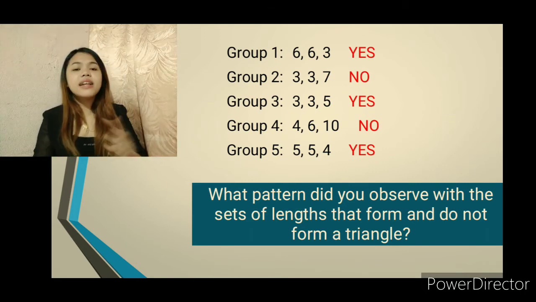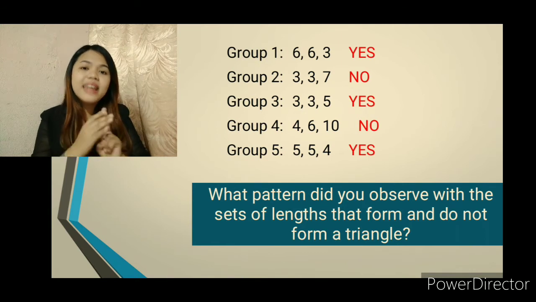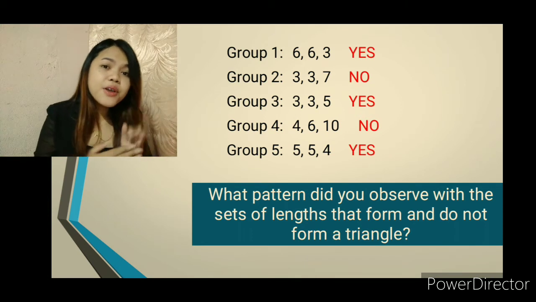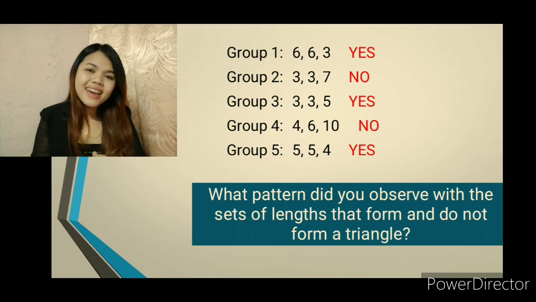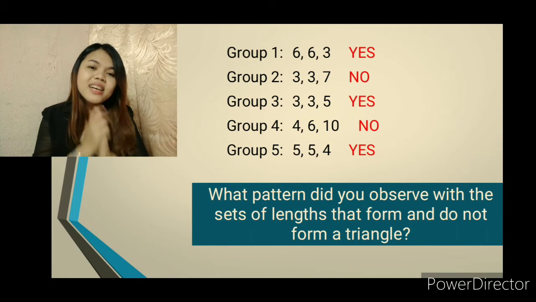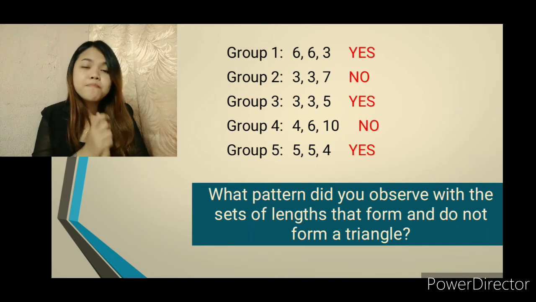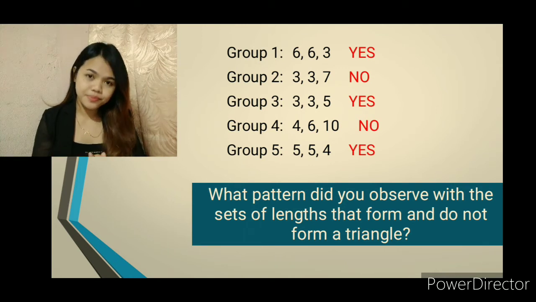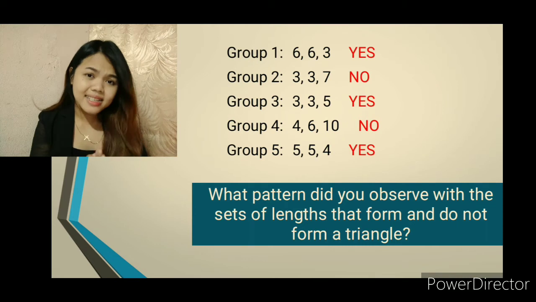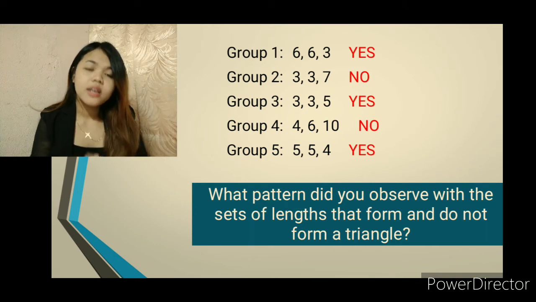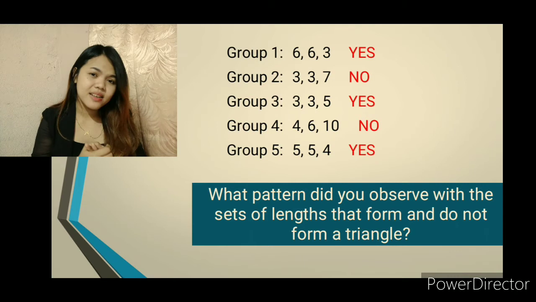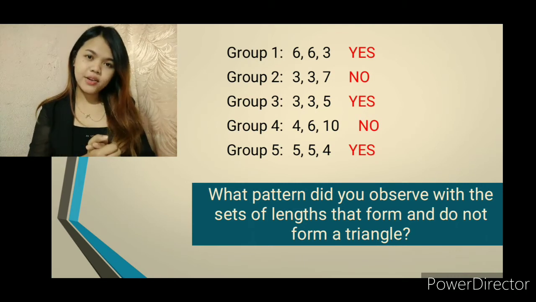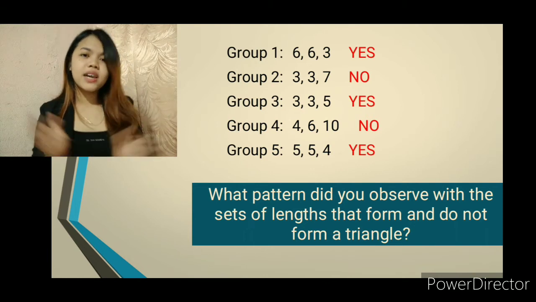Again, class, if any two given lengths is greater than the third length, then it can form a triangle. But if any two given lengths is less than or equal to the third length, then it cannot form a triangle. Okay?